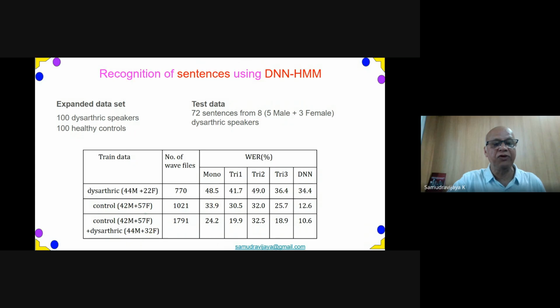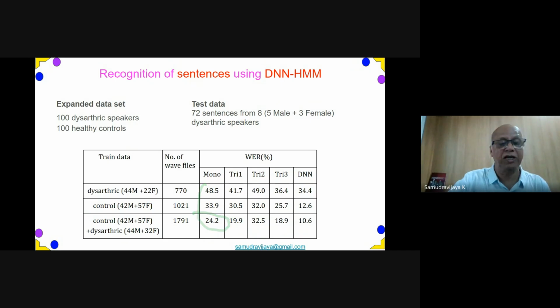When it was trained with the larger amount of data, the 1000 files, it reduced to 33.9%. So you see that with increasing amount of data, the error rate decreases. Of course, if you use both dysarthric and control, the total number of training wave files increases and the word error rate reduces even lower, 24.2%.